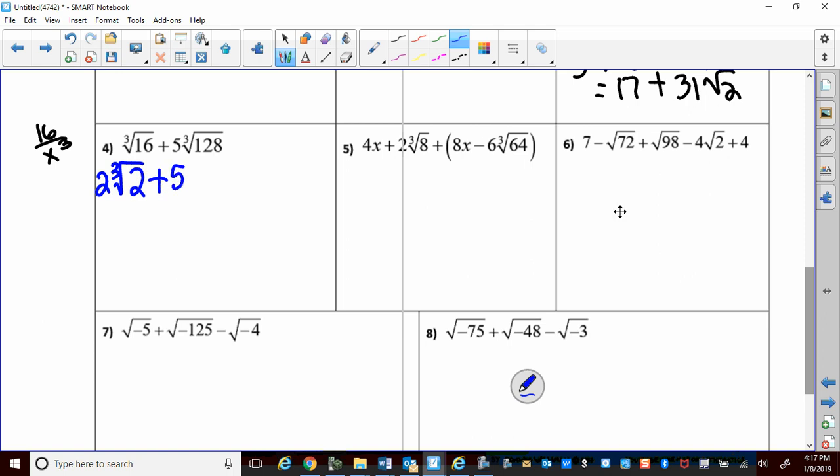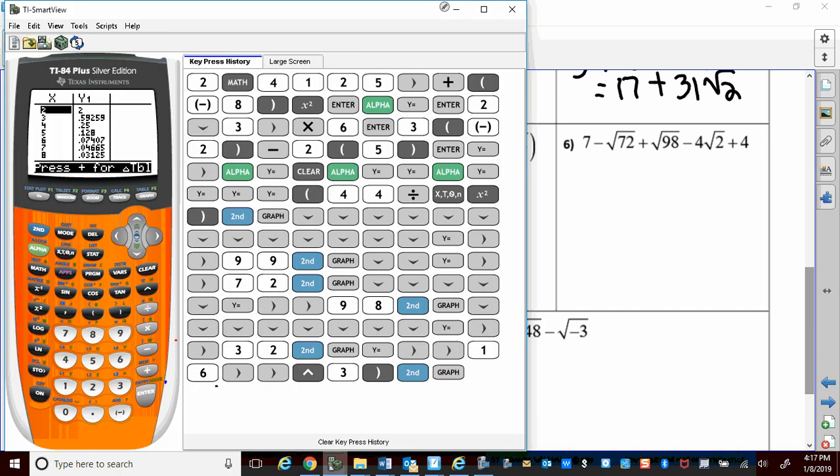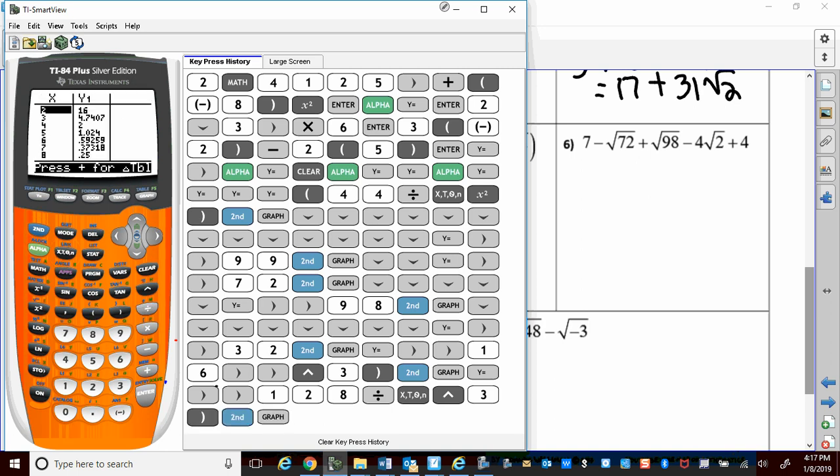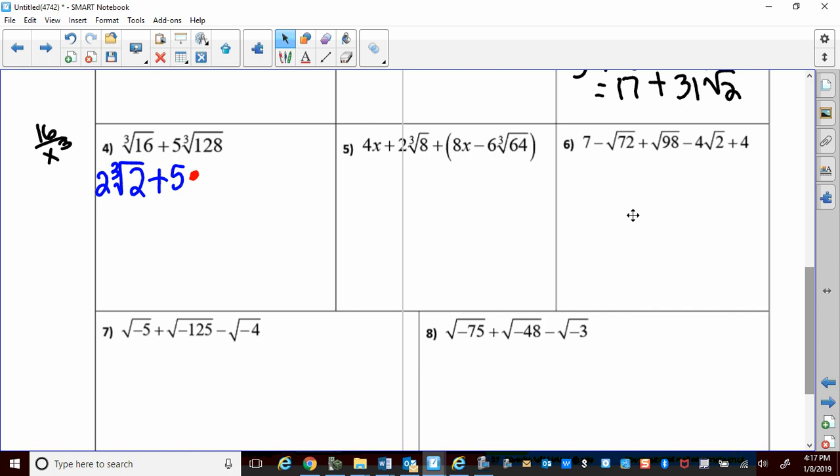plus 5. Okay, now I'm going to simplify this number. Remember, we're multiplying that 5 by whatever we get in that root. So 128 over x cubed. Second table, and I get 4 cube root 2.